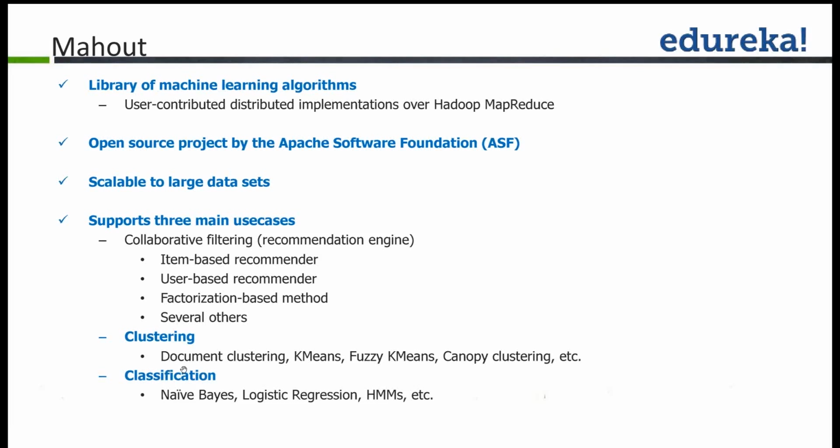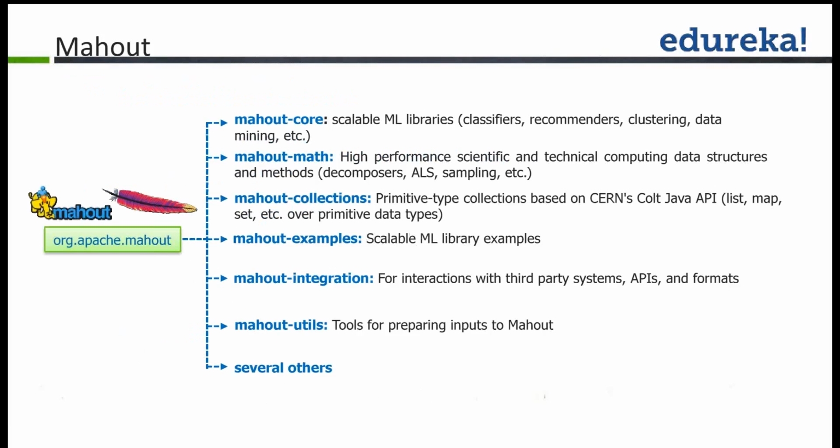We already talked about other classes of algorithms available in Mahout. If you open up the source code in Mahout, these are the high-level packages that you will see. This is a top-level package, org.apache.mahout, and one core package within this is Mahout core.